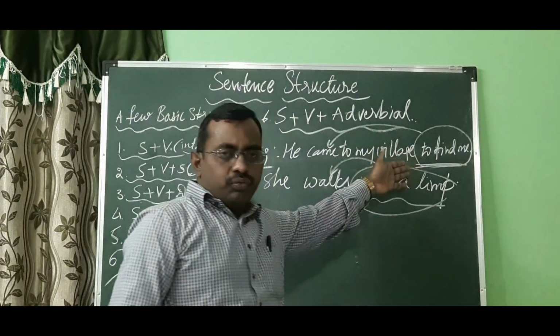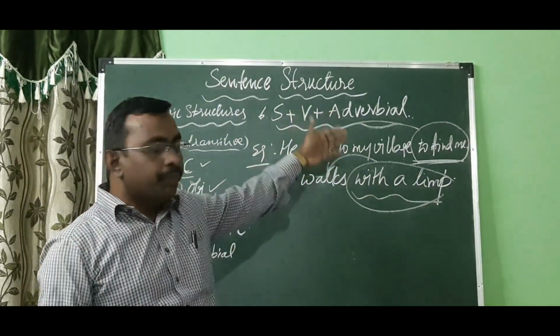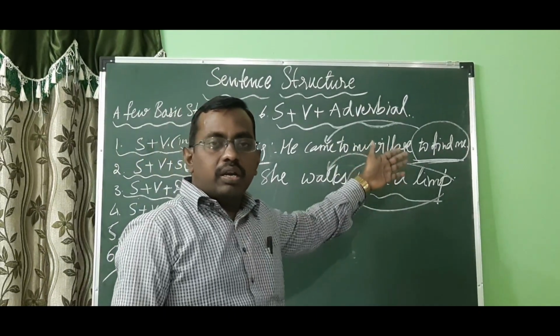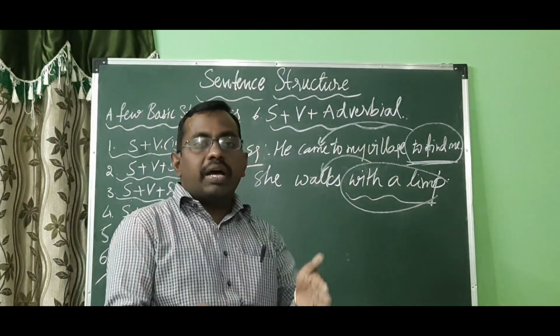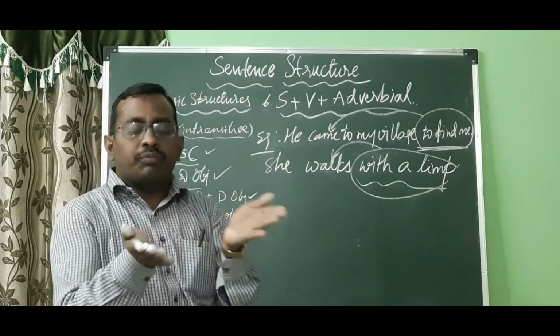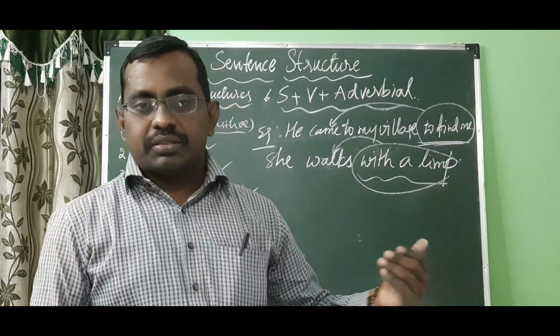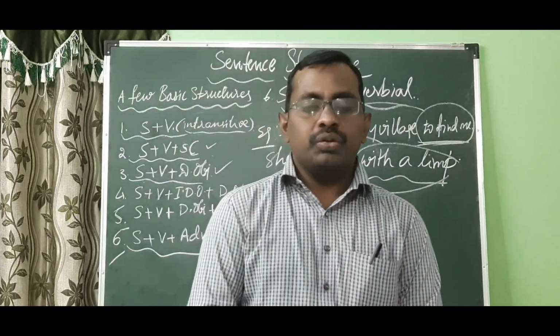So it is an infinitive phrase and it is a prepositional phrase. Alright? An adverbial can be an infinitive phrase or a prepositional phrase that modifies the action, that gives some information about the action and completes the meaning of the sentence.